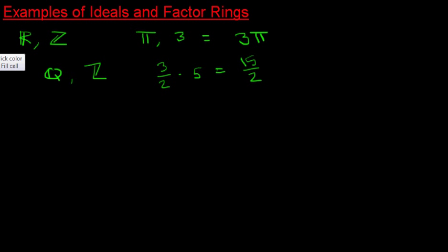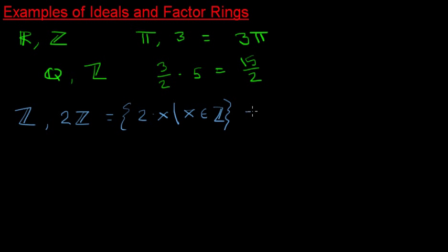Maybe we'll look at the integers as our big ring, and as our candidate for being an ideal, let's look at 2 times the integers, or in other words, the even integers. I'll write this out. This is the set of all 2 times x, where x ranges over the integers.